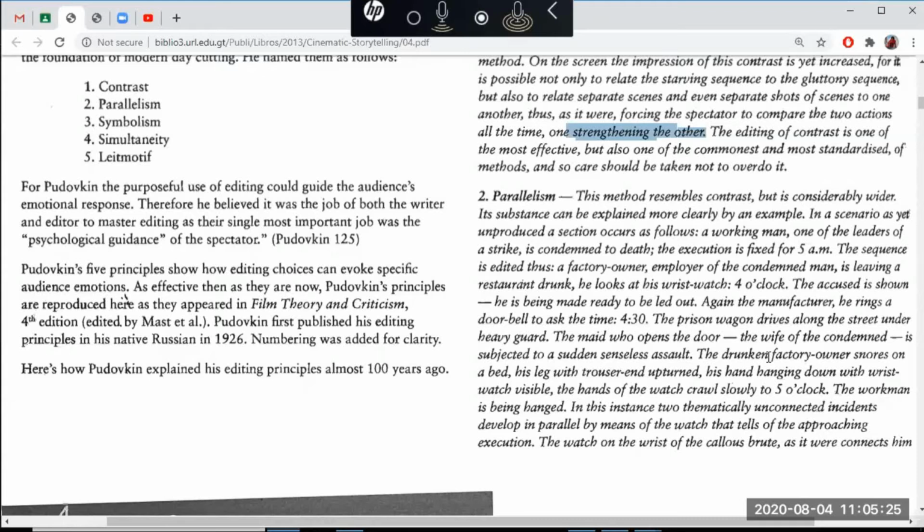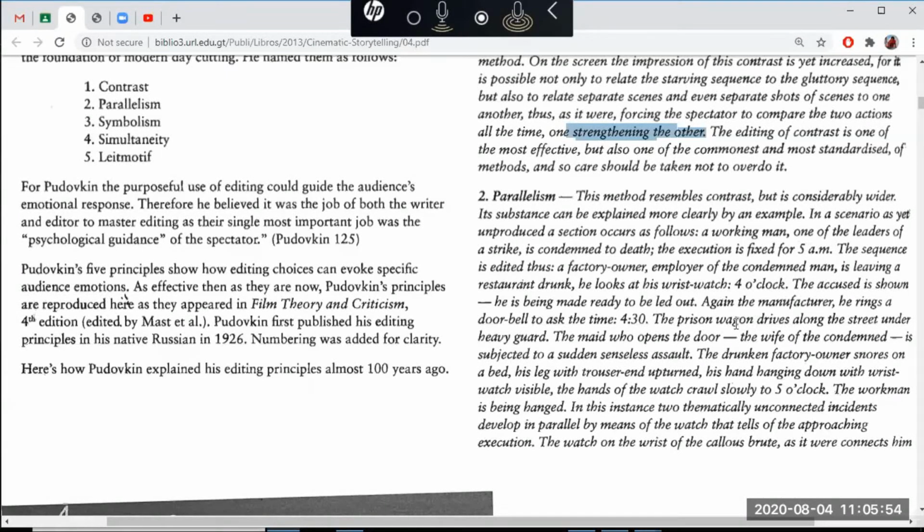And at that very moment, another man is being taken to a place where he will be hanged, right? So the factory owner, the employer of the condemned man, leaves the bar at 4 o'clock in the morning, while it is intercut with the situation where the factory worker is about to be hanged, right?